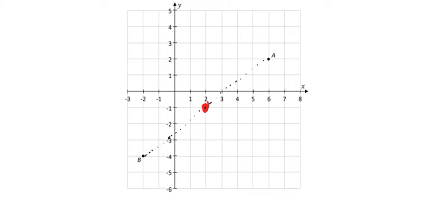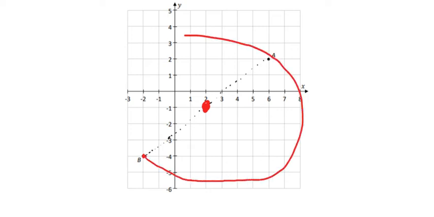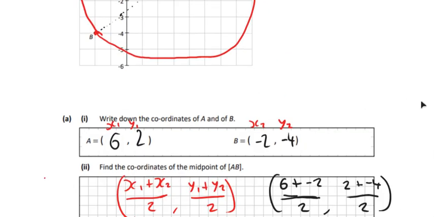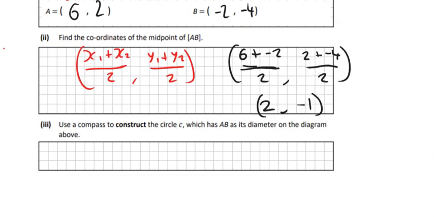You'll put the pin of your compass there, and then you'll stretch out your pencil so that it kind of hits B, or you could go up to A if you want. And then you'll just use your compass to draw the circle all the way around. So that's obviously very rough, but that's what you'll do. So you're just constructing it.